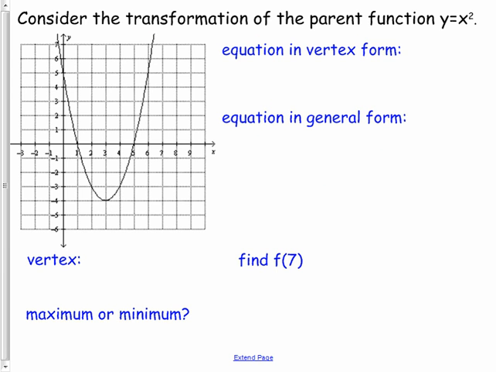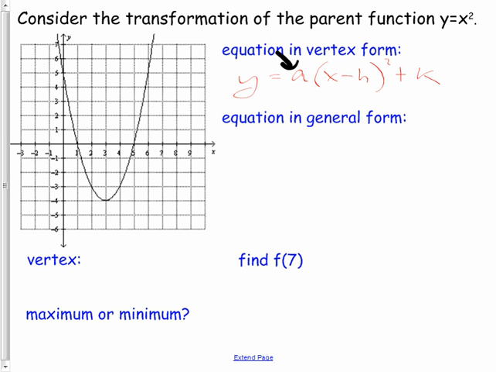All right, moving on. Consider the transformation of the parent function y equals x squared. Basically, it's been moved. You see how it's been moved? It moved down and to the right. And so the equation for it in vertex form would always look like something like this. Except A is a stretch factor, and I can look at this parabola and I can tell you if it's been stretched or not.